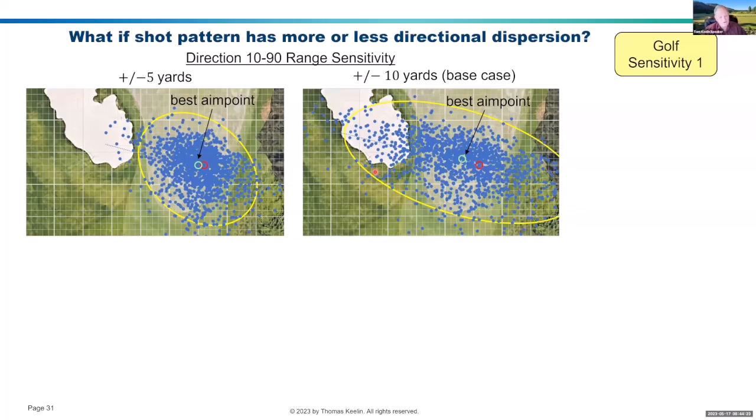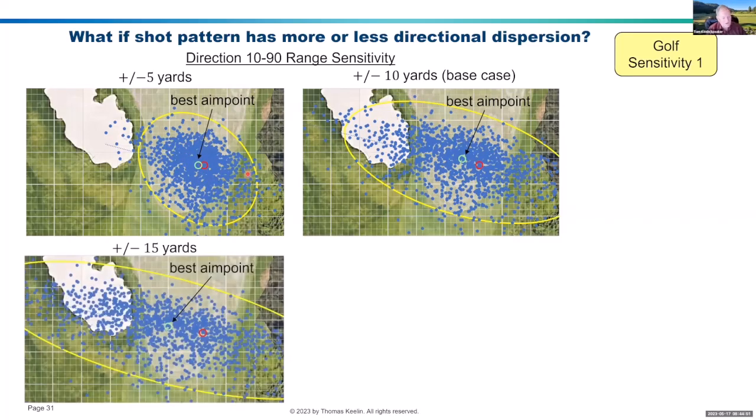Maybe there are a few pros at the top of their game, but this would be an extreme situation where somebody is actually that good. If you were that good, however, the best aim point would move. You'd just be 1 yard left of the target instead of 3 yards left of the target, because you get more birdies that way and you've got very few shots that are going to go into the hazard.